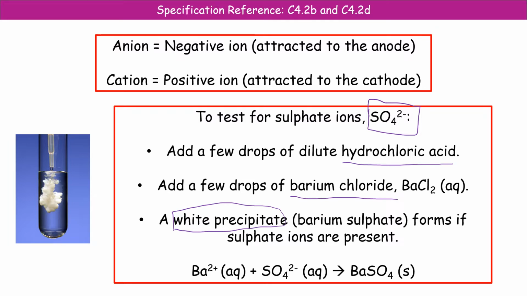No white precipitate, no sulfate ions. You can see what it looks like in the little picture on the left there. What we're really seeing is our barium ions, Ba2+, joining with the sulfate ions to make barium sulfate. So first add some hydrochloric acid, then a few drops of barium chloride.